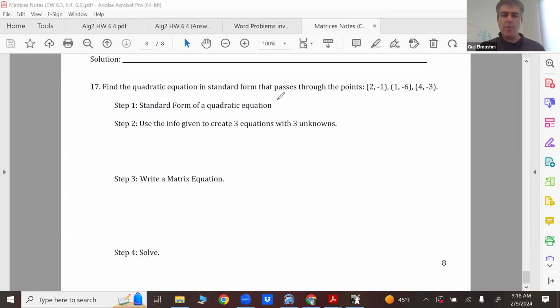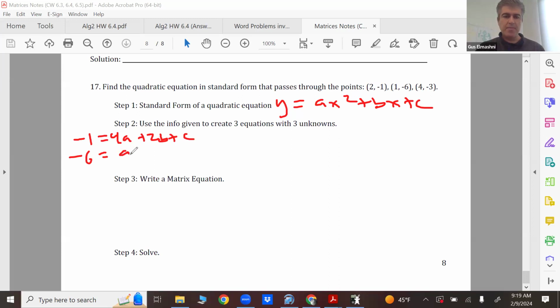So the standard form of a quadratic equation, you guys know is this, right? And then create your equations. That's easy. -1 equals 4a plus 2b plus c. -6 equals a plus b plus c. And lastly, -3 equals 16a plus 4b plus c.